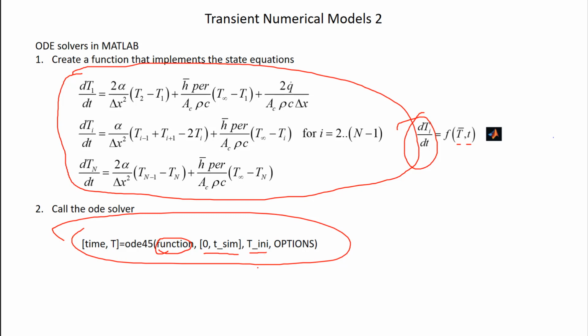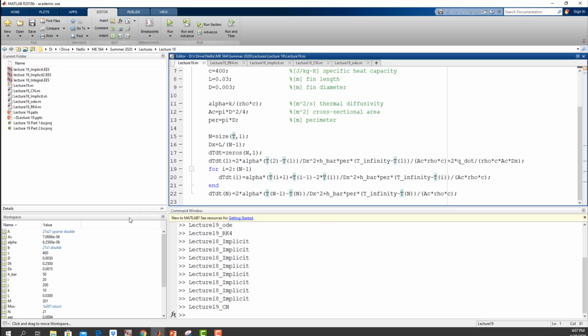This is now a vector of my initial temperatures, and this is that vector that I would set using the odeset function that would allow me to control the integration parameters. And what I'll get back is all the times. For this particular call here, I'll get every single time step, and I'll get the temperature at every node and every time step. So this is now a big matrix of temperatures at every node and every time step.